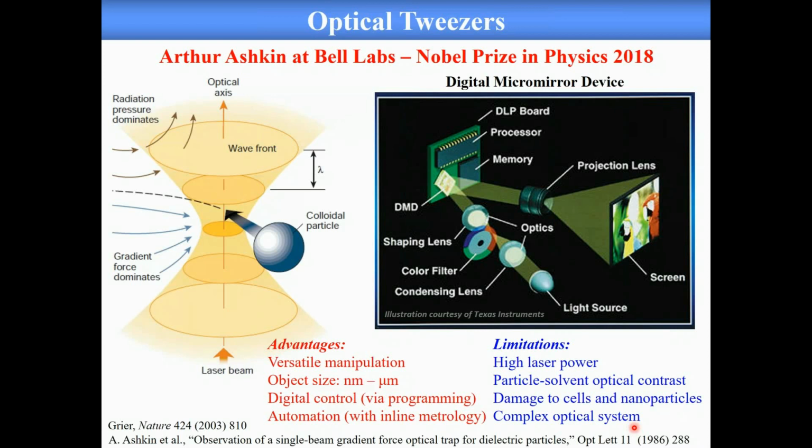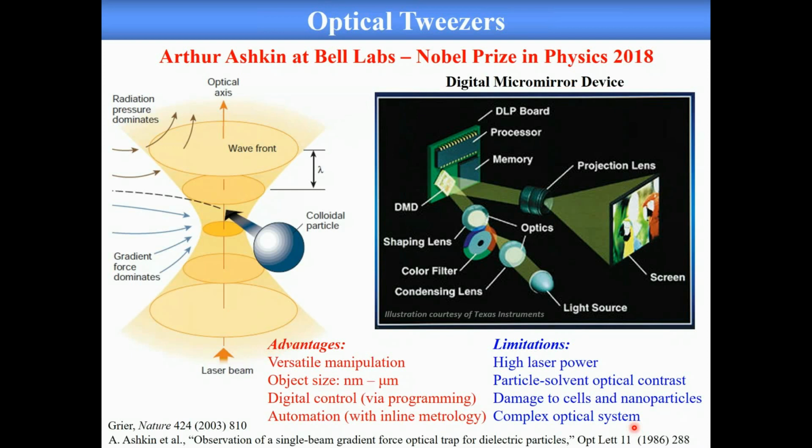So all these limit applications, in particular in nanomanufacturing, because in manufacturing we hope the process can be high throughput, able to manipulate and assemble a lot of particles in a very short time. So this high power demand and complex optical system make this challenging.